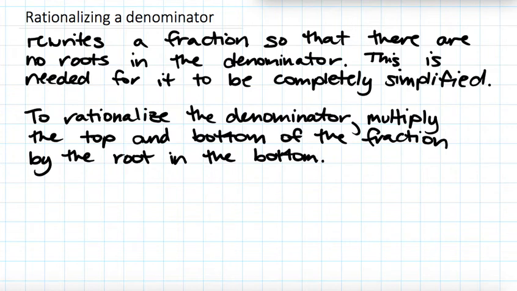And we'll see in an example how this works to get rid of the root that's in the denominator.